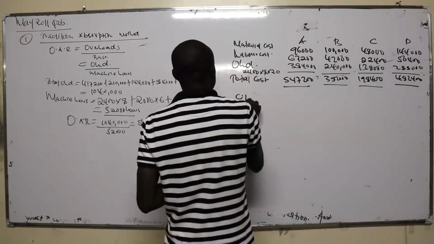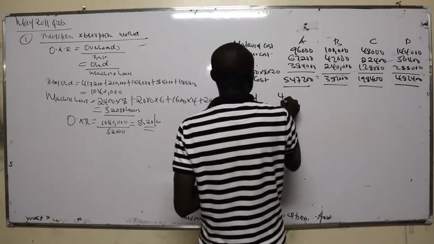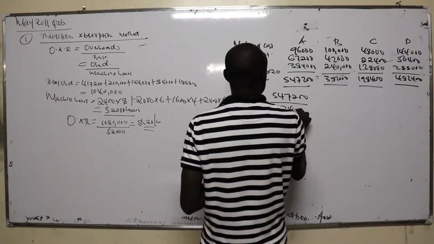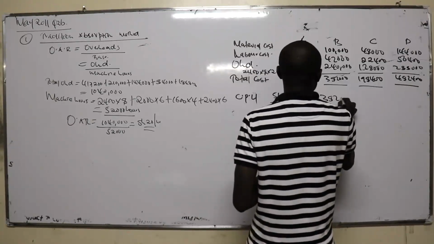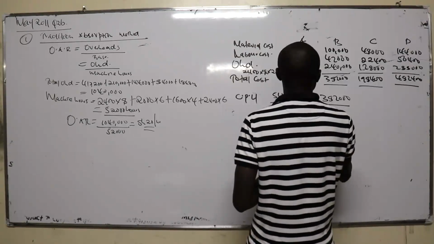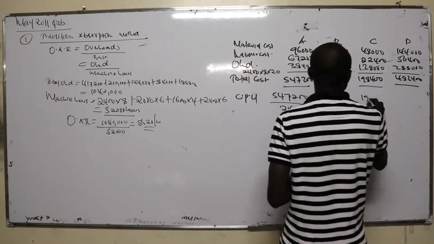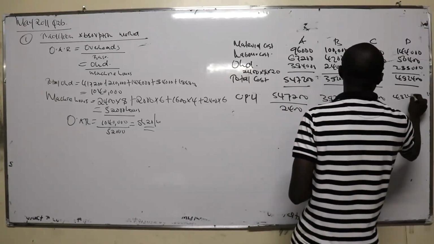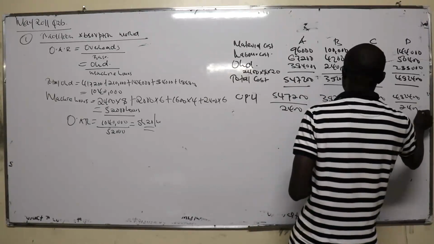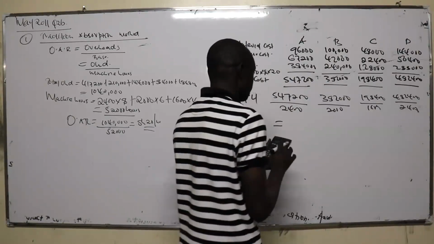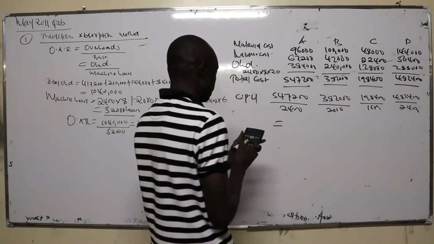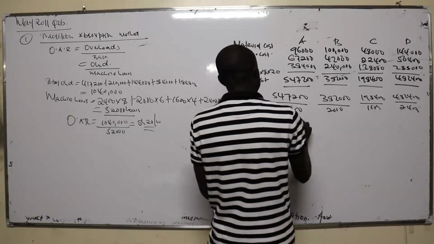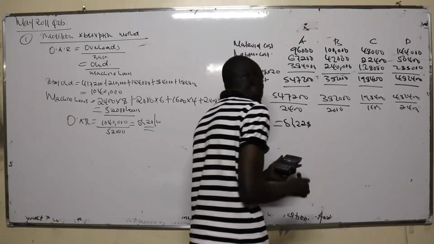So the cost per unit for 5,700, you divide by 2,400. And this is 382,000, you divide by 2,000. So this one is going to be shillings 228 per unit.